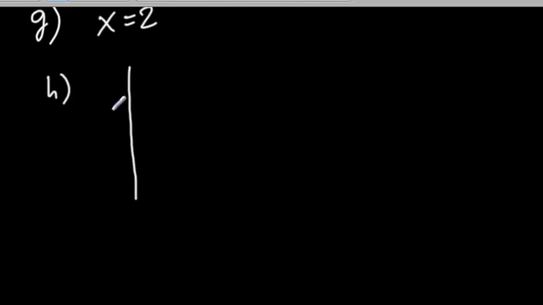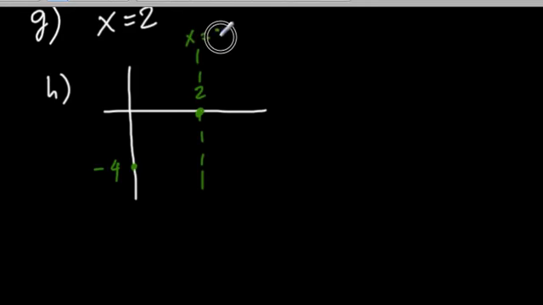Here's the graph. Let me just use green. So we have really just one x-intercept, which is 2. I mean, 2 and 2, really it's just one of them. The other information that we have is the y-intercept, which is negative 4, and also we know that the axis of symmetry is x equals 2.